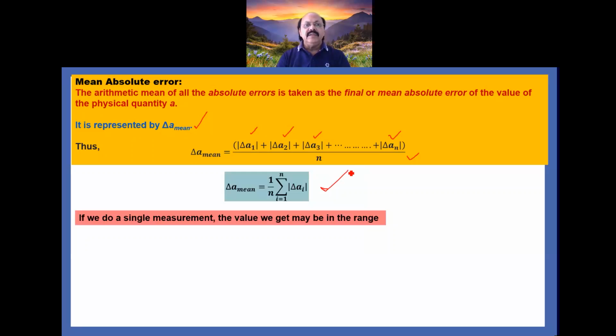Now, if we do a single measurement, the value we get may be in the range A mean plus or minus delta A mean.